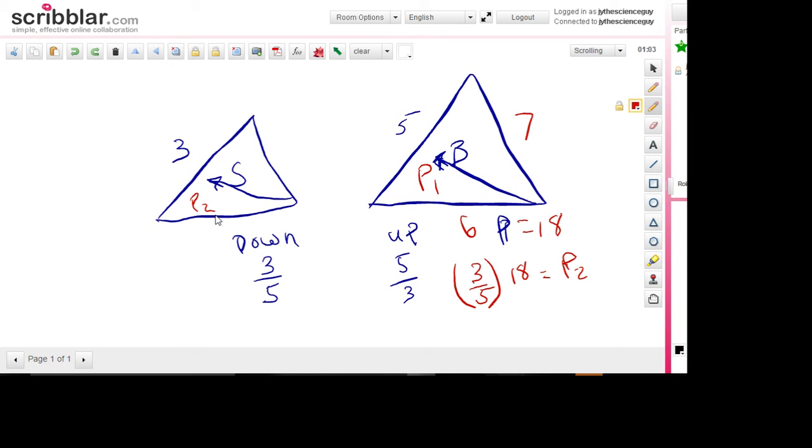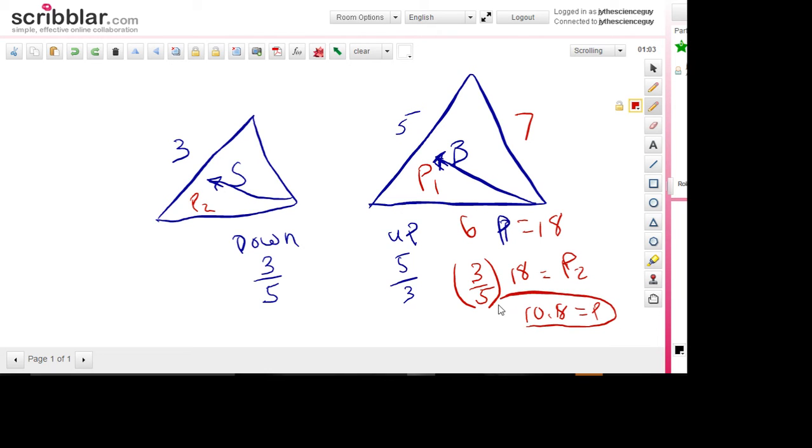You might as well just do it in your calculator. It's 10.8. So this is 10.8. And so that's how you actually get the answer.